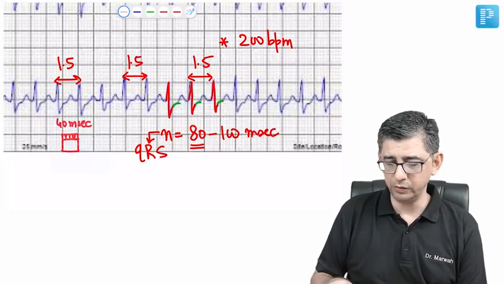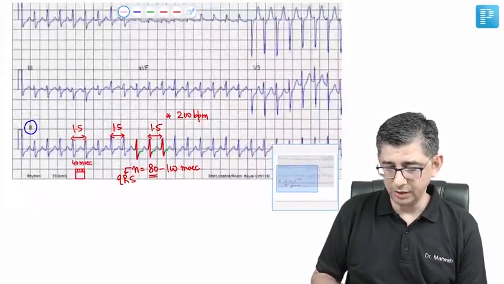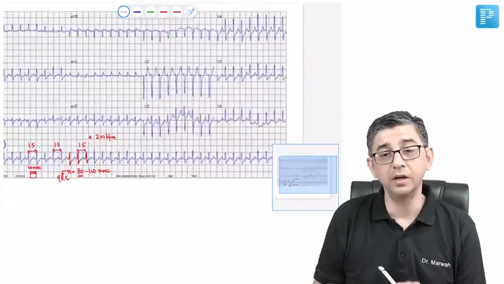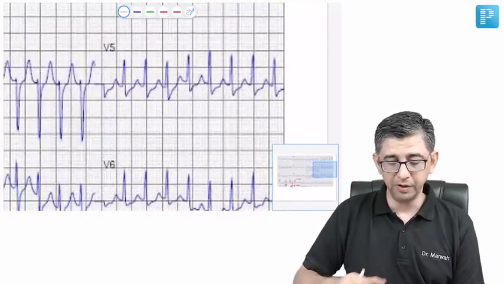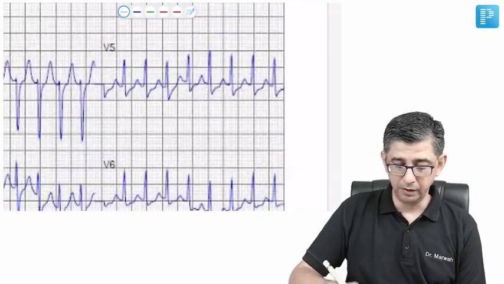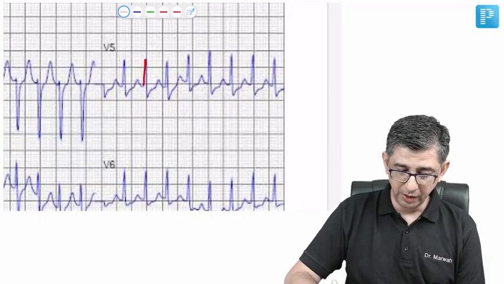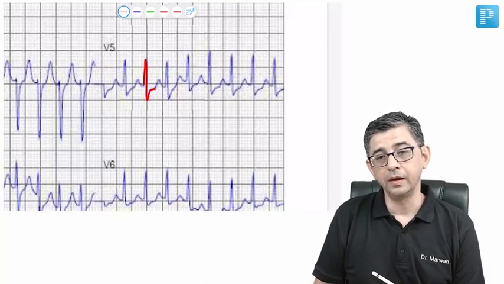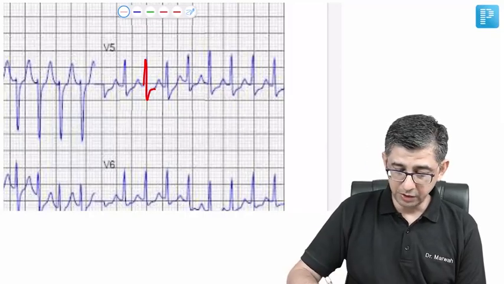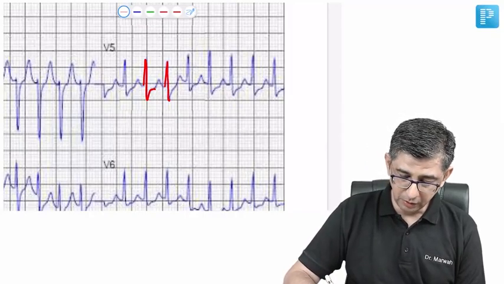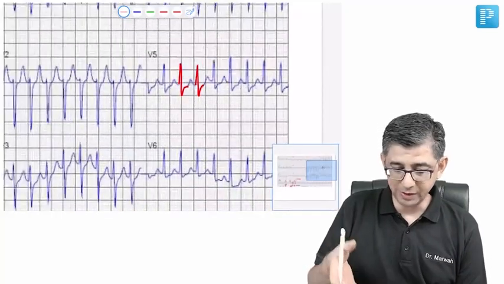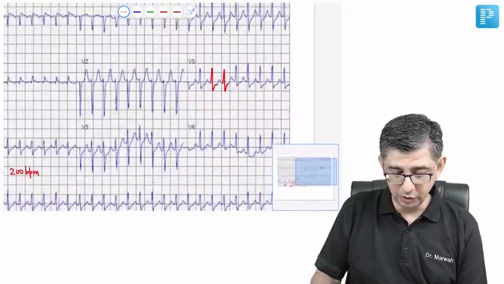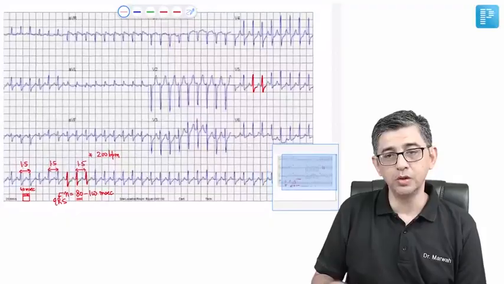Let me zoom out of this ECG to show you that this ST depression is also present in other leads as well. If I move a little laterally to lead V4, V5 or V5, V6, I'll use a single color to highlight this. This is R, this is S, and then there is an ST depression occurring. This ST depression is present globally, because it is present in the lateral leads of the ECG, and in lead number 2 also.